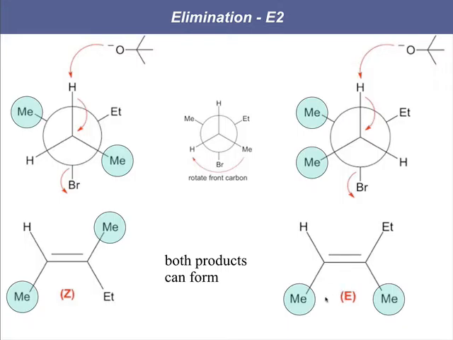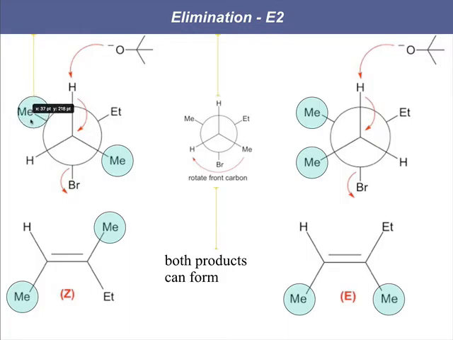I want to just clarify here that the fact that these methyls are farther away from one another is not what makes this the Z. And the fact that these methyls are close to one another is not what makes it the E. I'm just highlighting these similar groups.